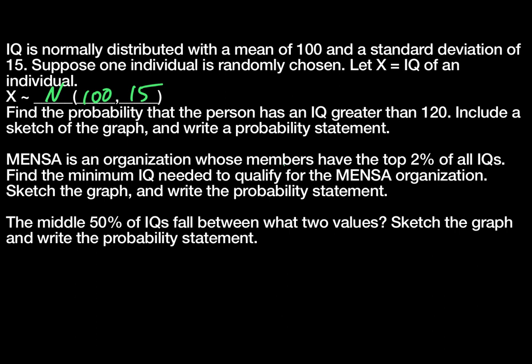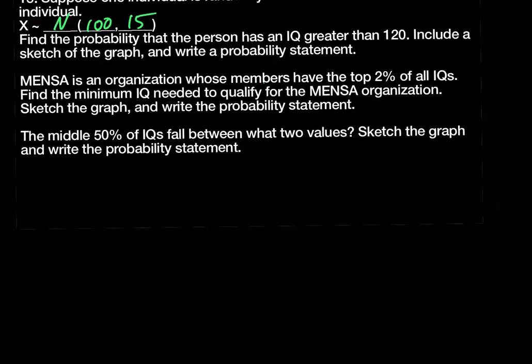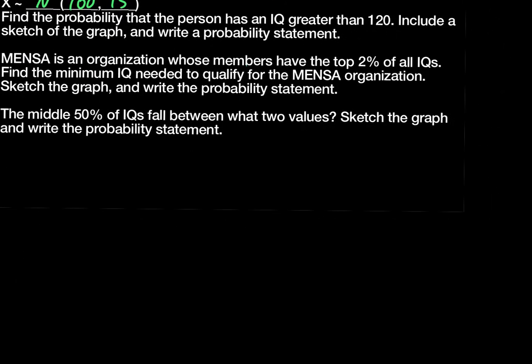All right. Find the probability that a person has an IQ greater than 120. What do I need to start with? That's right, a picture. So for the first one, I have a picture centered at 100. 1, 2, 3, 1, 2, 3.